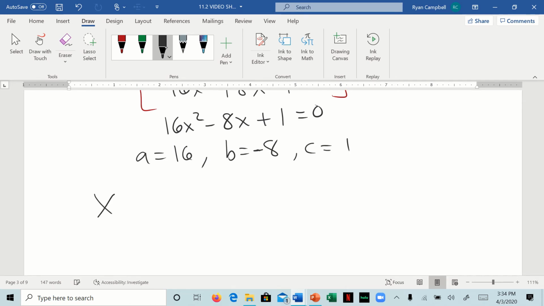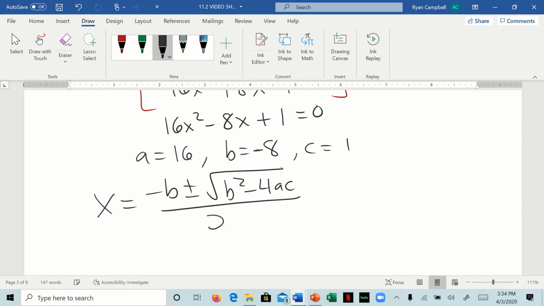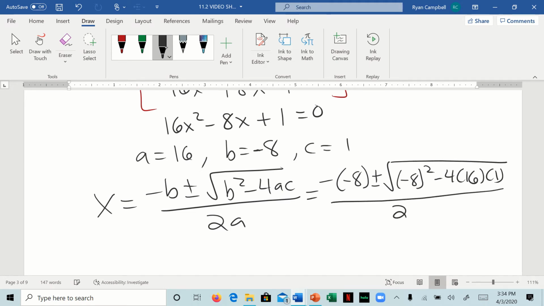So quadratic formula, x equals negative b plus or minus the square root of b squared minus 4ac all over 2a. Negative 8 plus or minus the square root of negative 8 squared minus 4 times 16 times 1, over 2 times 16.